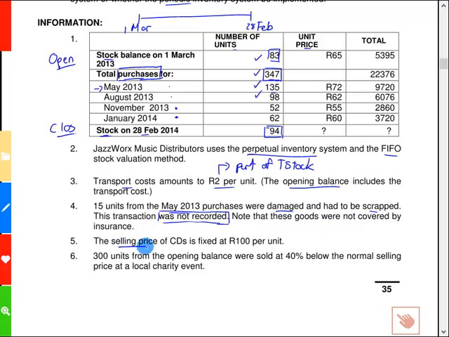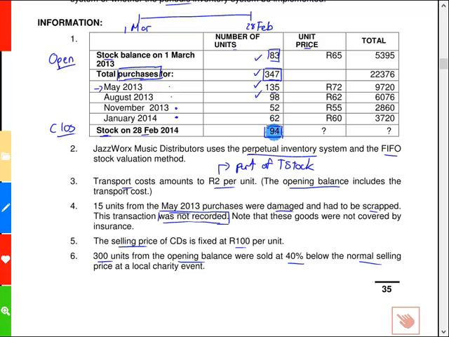Then they give us the selling price is 100 Rand. And then 300 units from the opening balance were sold at 40% below the normal selling price at a local charity event. Okay, so now we've read through the whole question. So nothing in this information is going to affect our closing stock calculation.